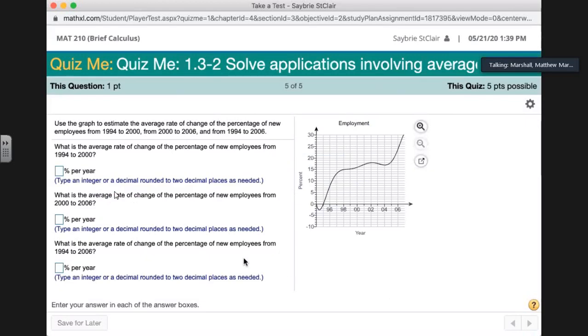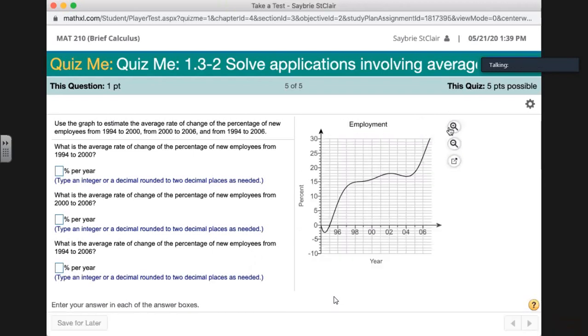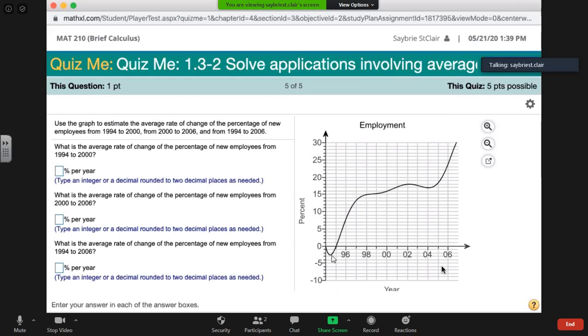Easy peasy. So 1994. Might want to zoom in on that graph for sure. Looks like that's zero, right? It does, but I don't think they would be that tricky on you.